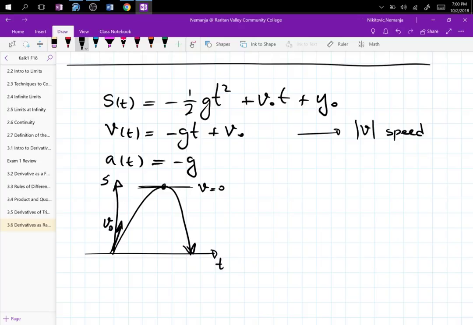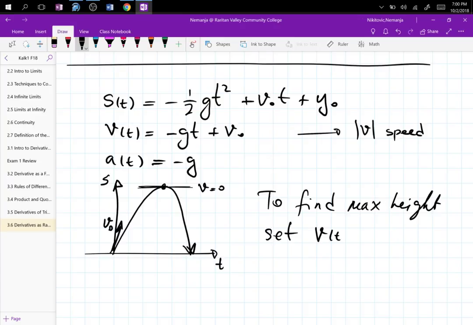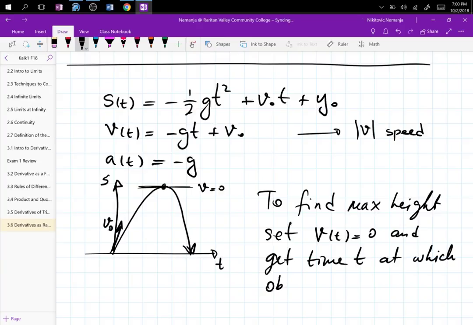To find max height, set v of t equal to 0 and get the time t at which the object is at max height.